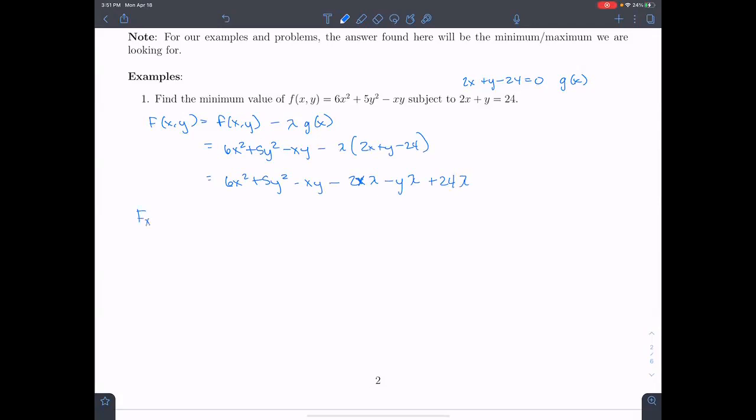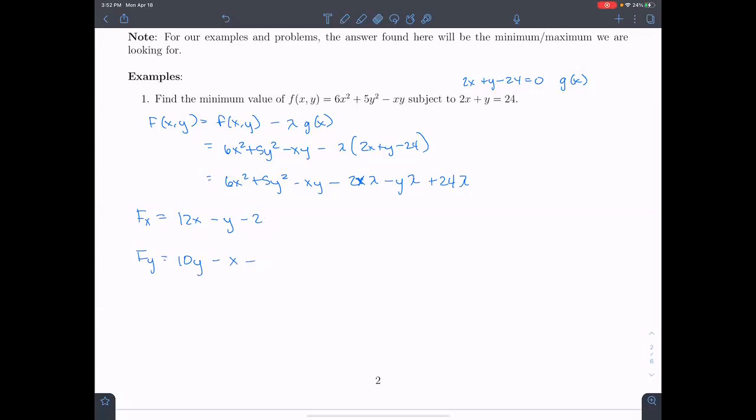All right, so F sub x is going to be 12x plus 0 minus y minus 2 lambda minus 0 minus 0. F sub y, so this is partial derivative stuff from 8.2. So F sub y here would be 10y minus x minus lambda.